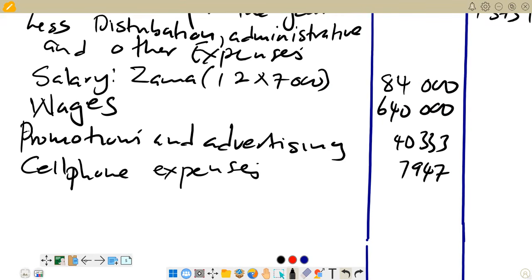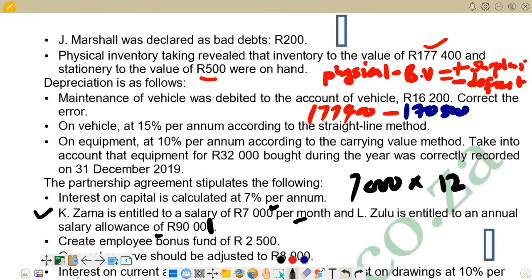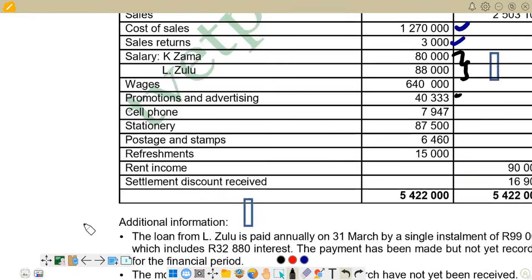Then, under cell phone, we have stationery. Stationery, we are given 87,500. What does it mean? It means this stationery represents stationery that was bought for the year. But in the additional information, we are given stationery that remained at the end of the year.